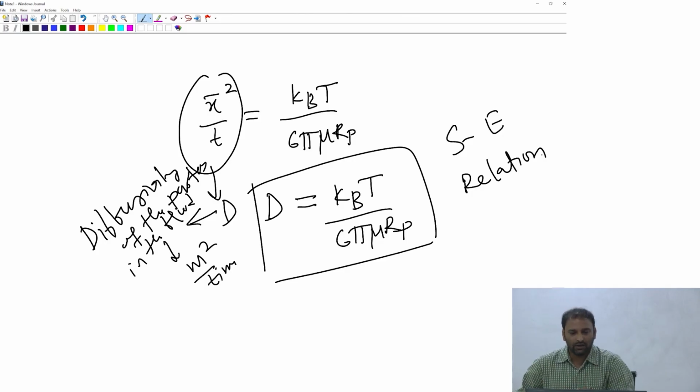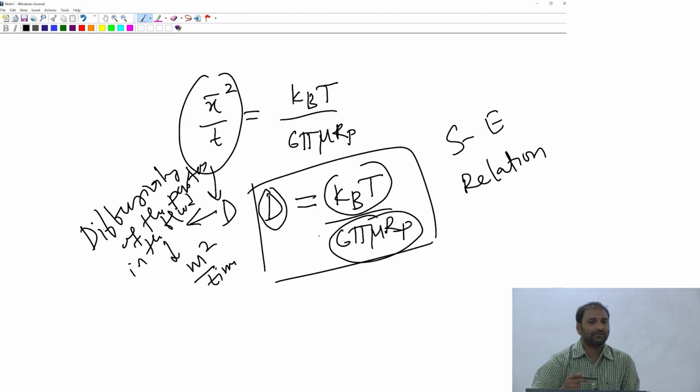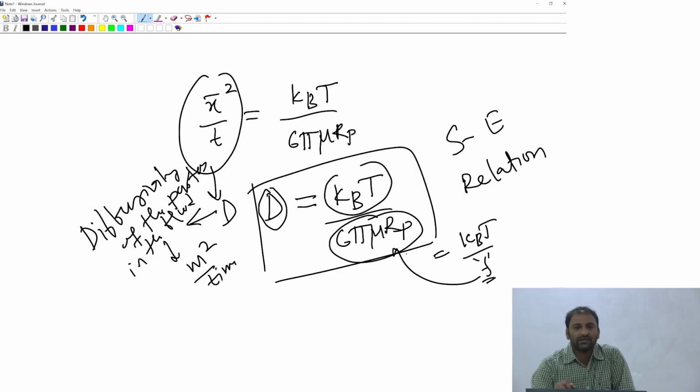Just by equating that, you get a relationship between the diffusivity of the particles in the fluid and the thermal energy, and this is some kind of a friction factor. People also write this as kBT divided by F, the friction factor, which is basically 6 pi mu Rp.